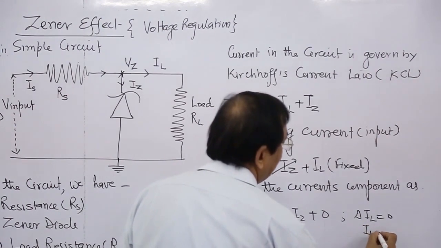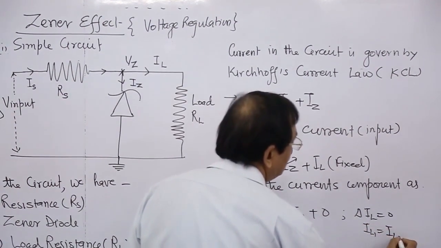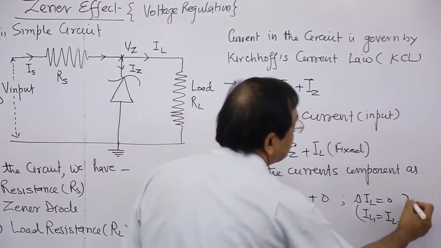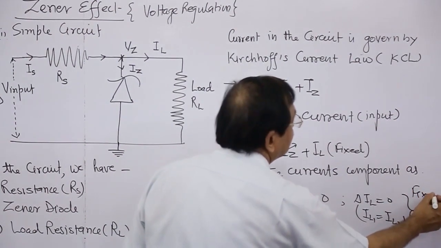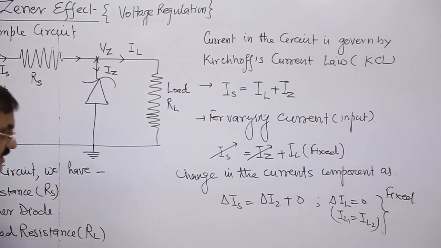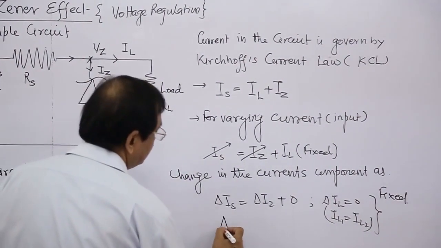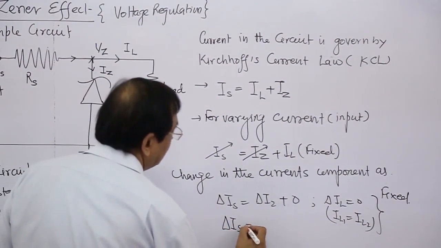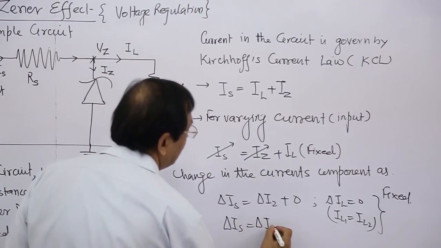So, IL1 is equal to IL2, fixed. Now, the change in current delta IS is equal to delta IZ.